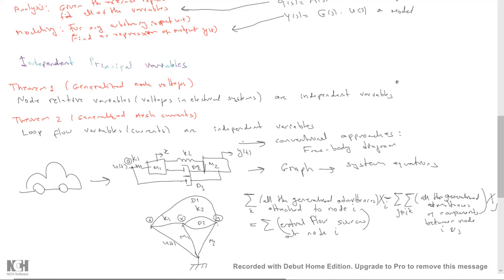Now, this clumsy looking set of equations is not very difficult. For example, if I have to write for node x, the components attached to node x are k1, k2, d2, and m1.